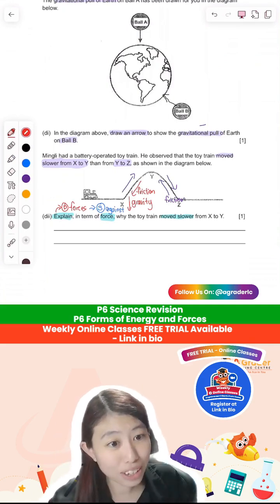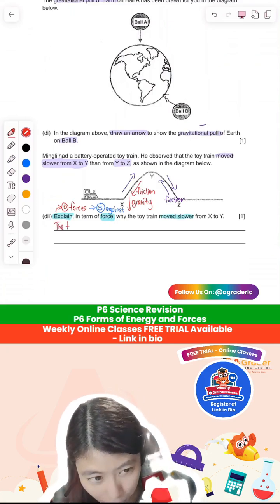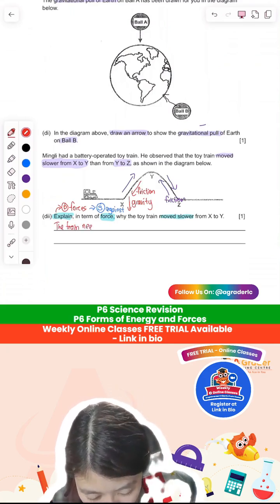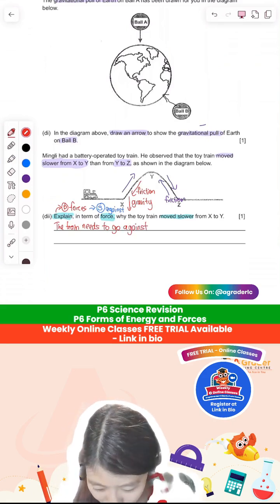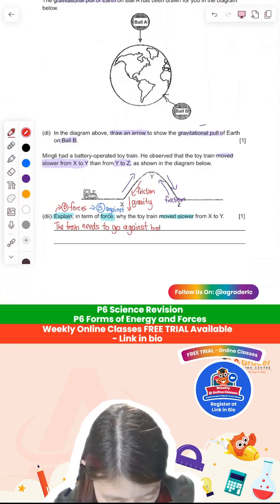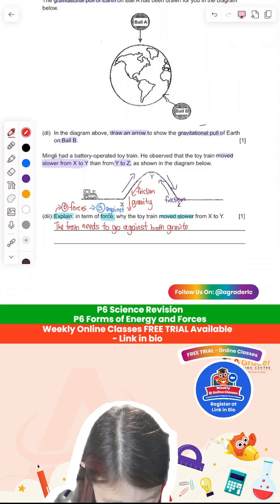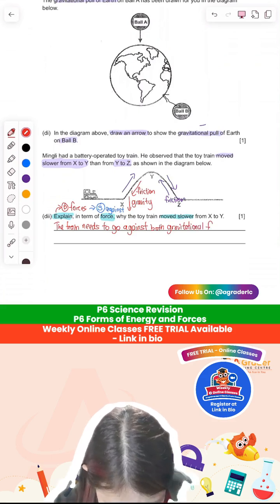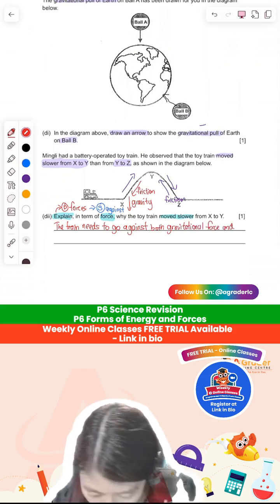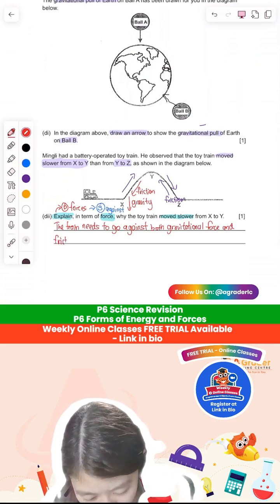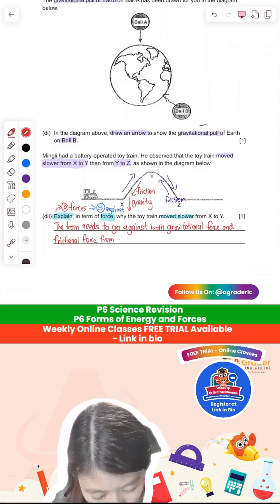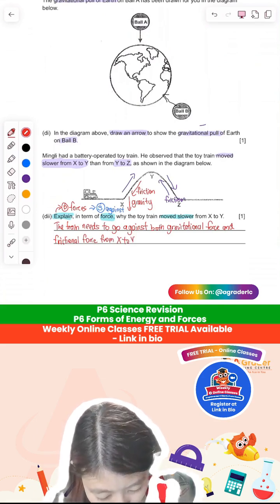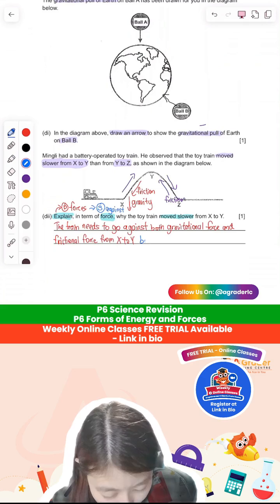Okay, let me write down the answer. The train needs to go against both gravitational force and frictional force from X to Y. But you have to compare.